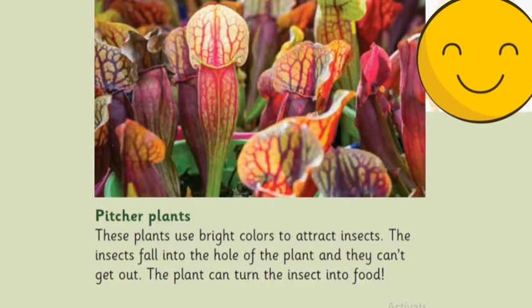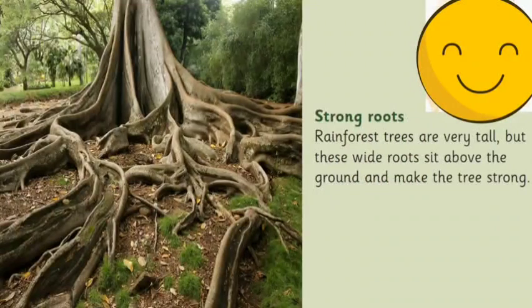The insects fall into the hole and they can't get out. The plant can turn the insect into food. Strong roots. Rainforest trees are very tall, but these wide roots sit above the ground and make the tree strong.